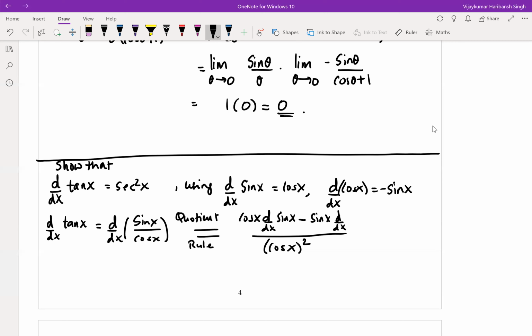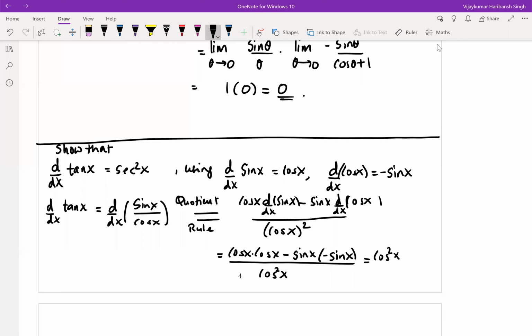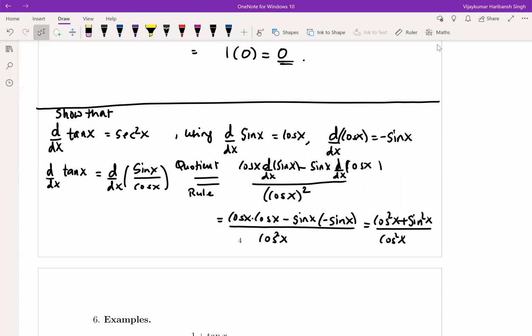This is going to be cos square x plus sine square x divided by cos square x. Now, cos square x plus sine square x is 1 for any x. So we get this is equal to 1 upon cos square x, and 1 upon cos square x is secant square x. So this is how.